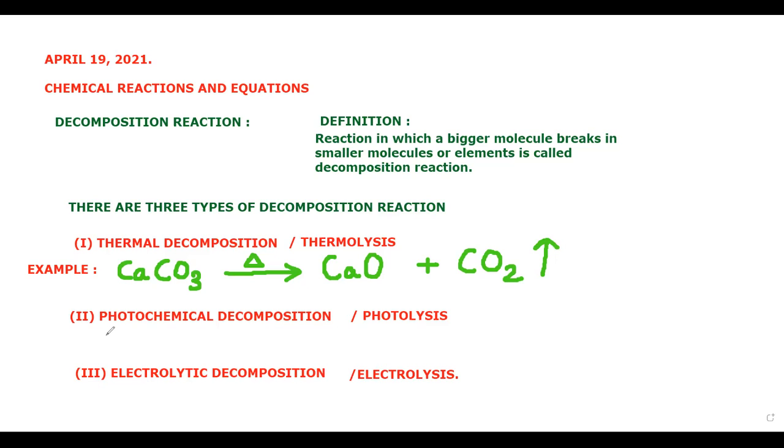In case of photochemical decomposition, light gives energy to the molecule to break. Like silver chloride, if exposed to sunlight, it breaks into silver element and chlorine gas comes out.